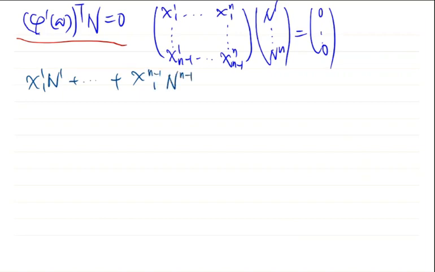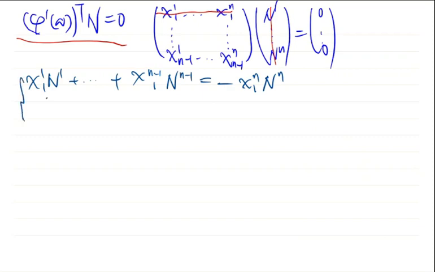That is, we use the first row to multiply this vector, but we move the last term to the right hand side of the equation. The right hand side is 0, but we move the last term of the left hand side to the right hand side. We obtain minus x_{1n} N_n. So the first equation is this.